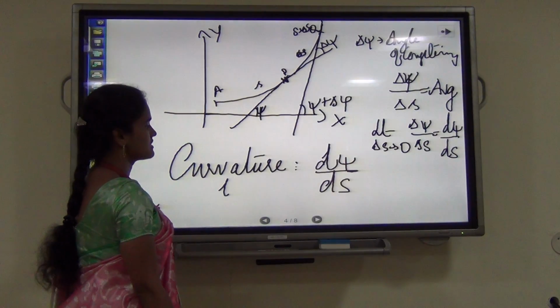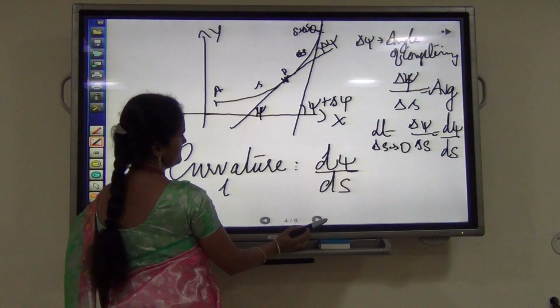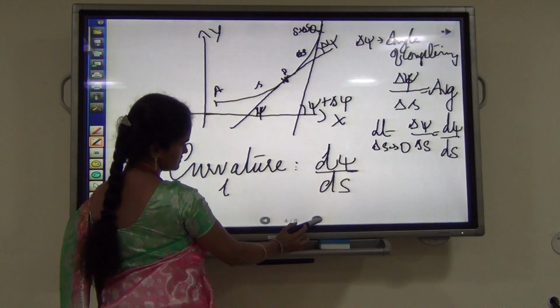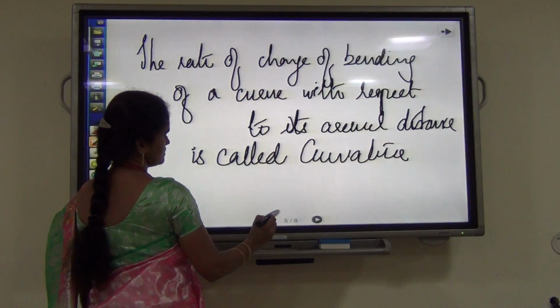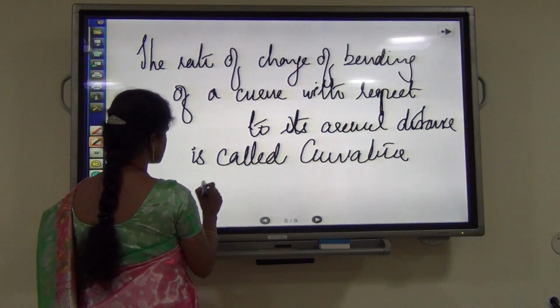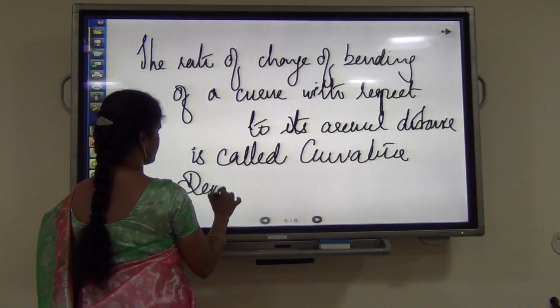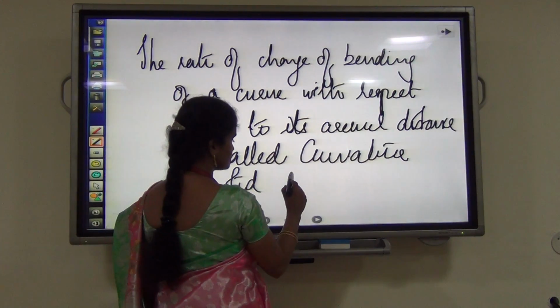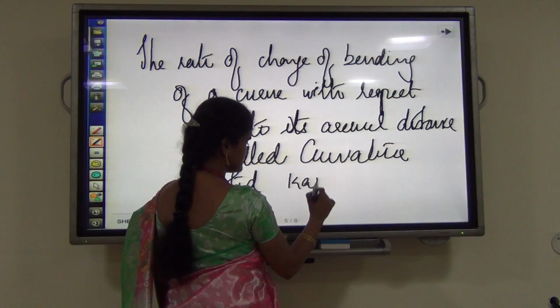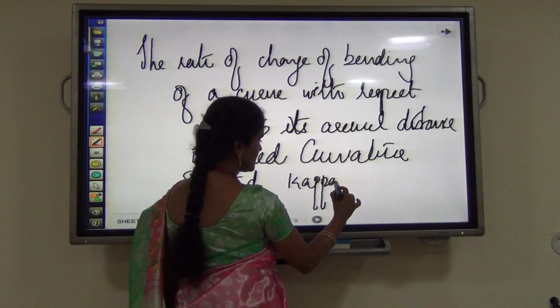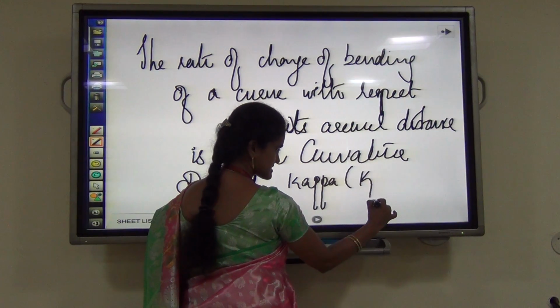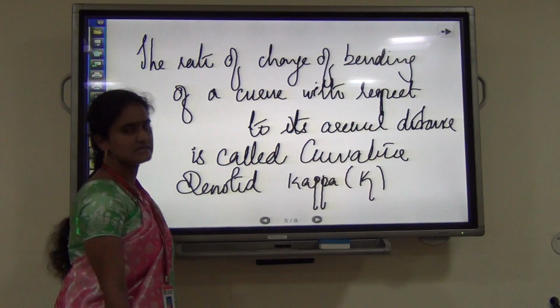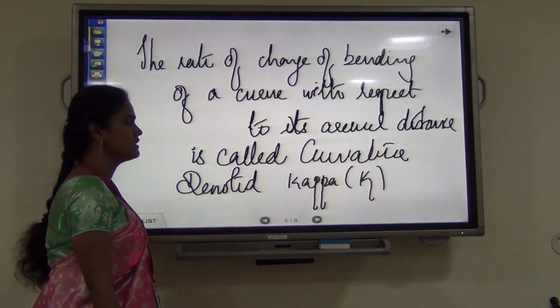This is what the curvature is, and it is denoted by the Greek letter kappa.